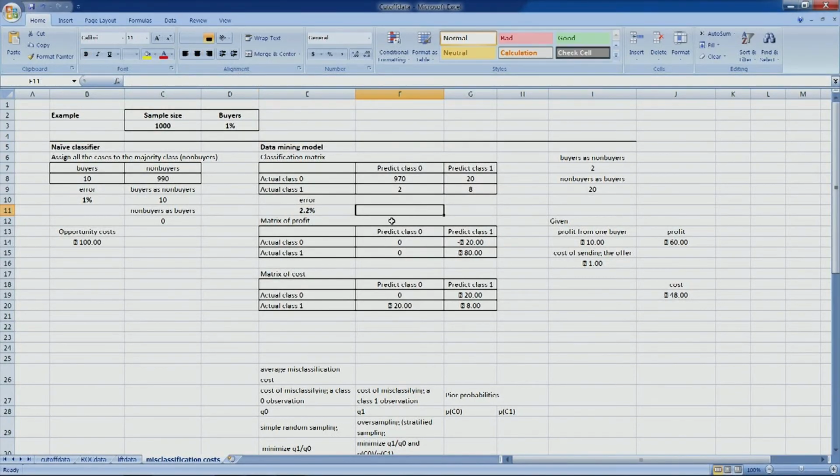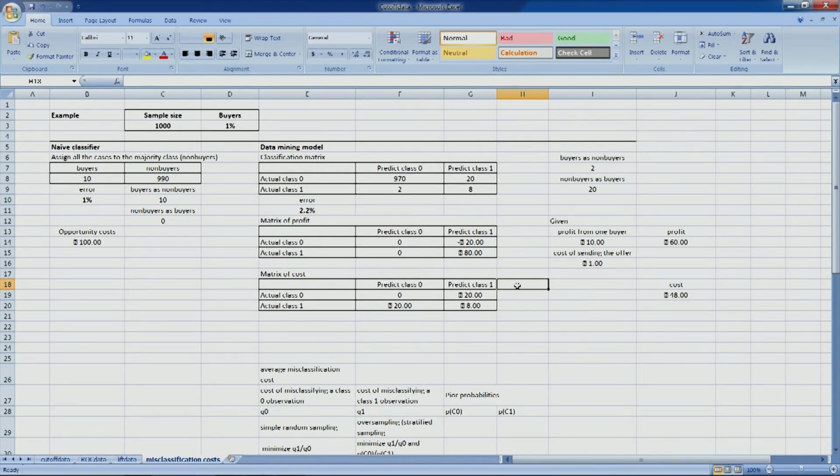So how can we understand that? One way is to create a matrix of profit. Here we look at how, depending on the results of the classification model, we can make profit. We were able to identify 28 members as belonging to class 1, but only 8 of them were correctly classified as 1.